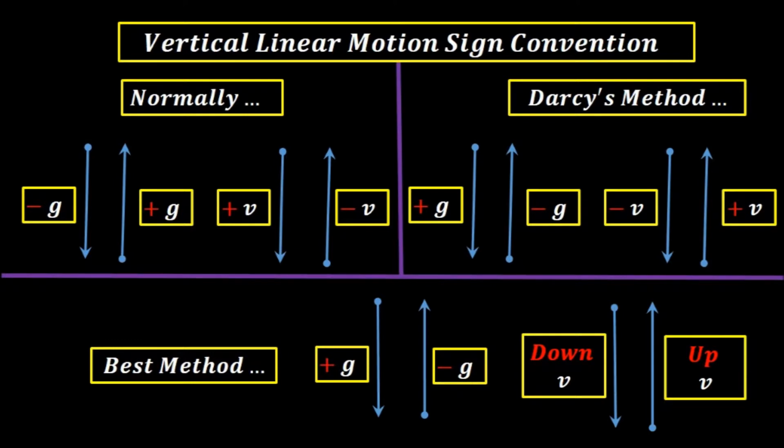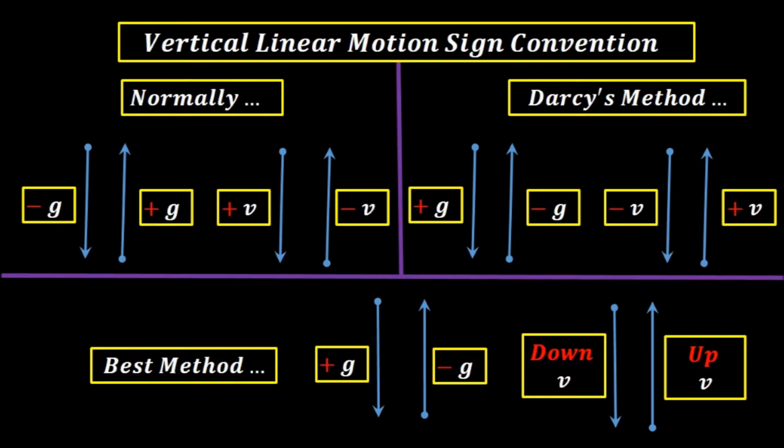I'm back. I want to take a moment out from this lecture and straighten up some possible confusion, and that is the vertical linear motion sign convention. Now, when horizontal motion takes place and something accelerates, we naturally think of it as a positive acceleration. If something's decelerating, we naturally say negative acceleration.